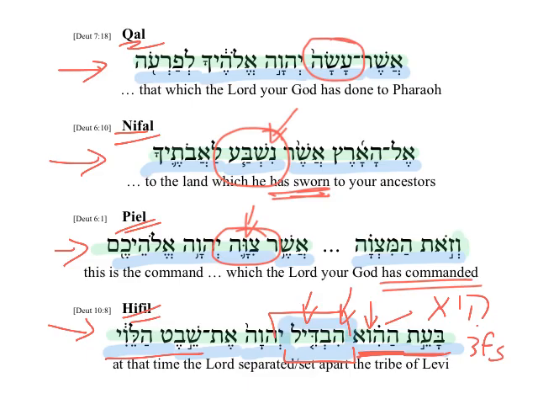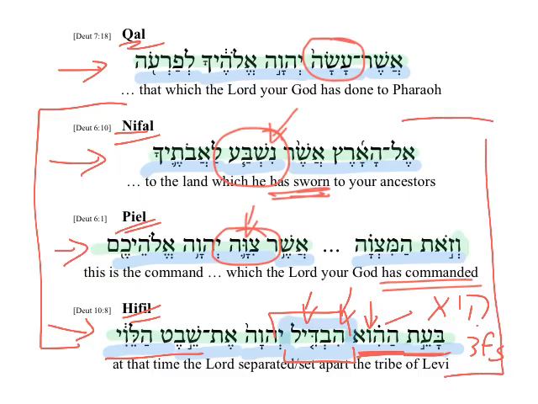So you have to go word by word and case by case. Sometimes there is a strong difference, but don't overdo it. That's not the main thing. But for parsing, we do have to recognize there are these other stems, and these are three of the main stem families that we will run across: Niphal, and then the Piel, which is the head of the Piel family, and Hiphil, which is the head of the Hiphil family.